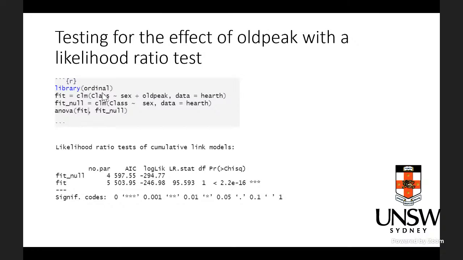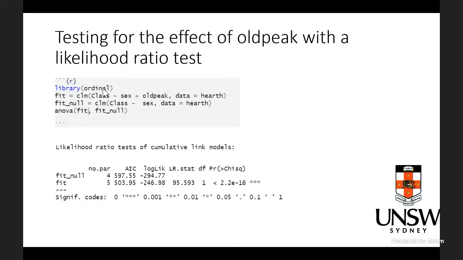So a more accurate test you could do is a likelihood ratio test. So if I wanted the p-value for old peak, I might fit a model with old peak in there, fit another model with old peak not in there, and then run the likelihood ratio test.